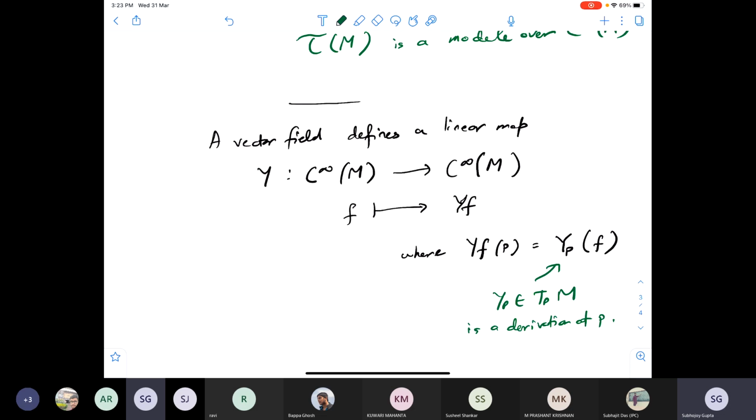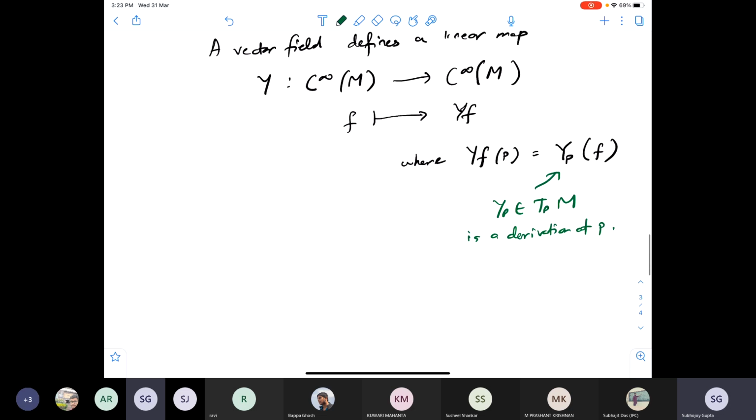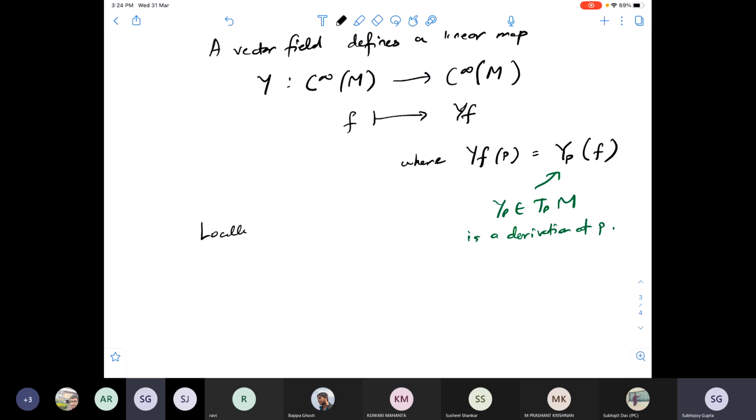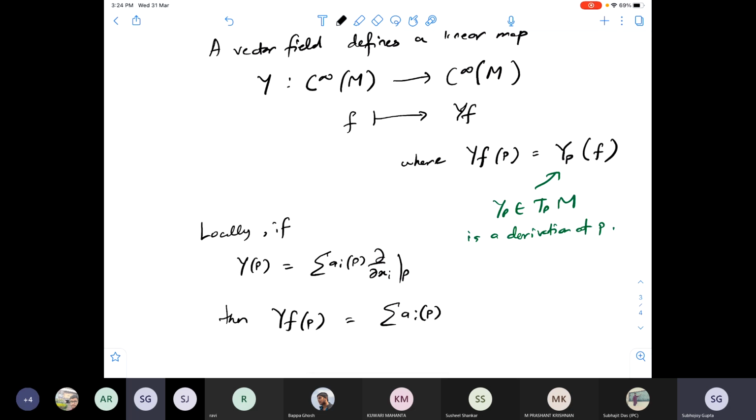And this is going to be a smooth function because you can check this in charts. Locally, if you write your vector field as we were doing, just keeping track of the vectors, then if you apply it to a function, the operator would just look like applying these partial derivative operators on f.